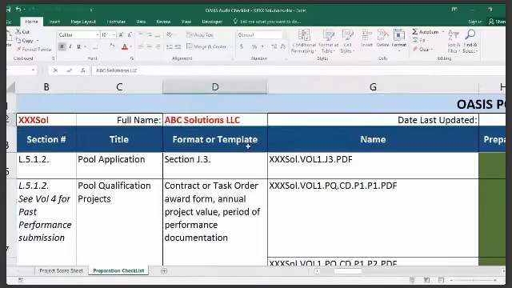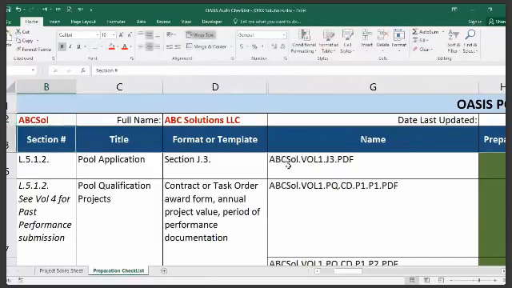You need to put that in the name of all the documents you give to GSA. You can, for example, put the name as ABC. I'm here putting ABC Sol. As soon as I put this in and hit return, all these names change, and I know exactly what each of these documents should be named.